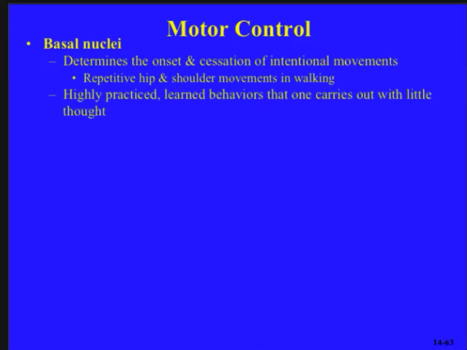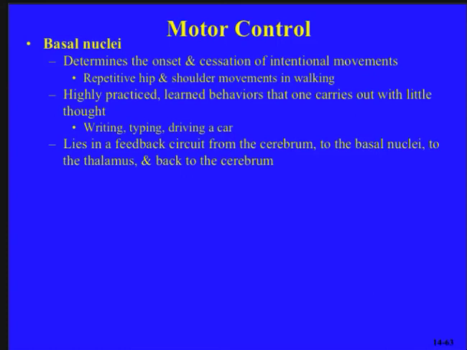These are highly practiced learned behaviors that, once one carries them out, you can keep executing without having to think too much about it. Examples would be writing, typing, or driving a car. The source of the control of the basal nuclei over this type of behavior lies in the feedback circuit from the cerebrum to the basal nuclei to the thalamus and back to the cerebrum.